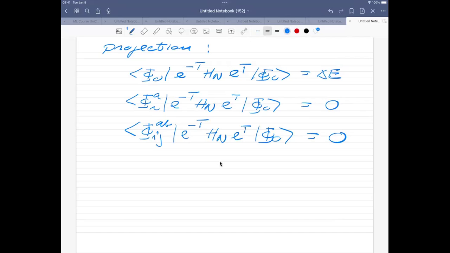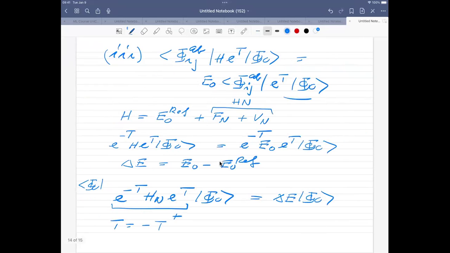Now, when we are setting up the equations here, there is something which is important to keep in mind, and that is that this similarity transformed equation here contains now terms which do not commute with each other. So the term which we have here, the one body part has a potential energy which does not commute with V of n.